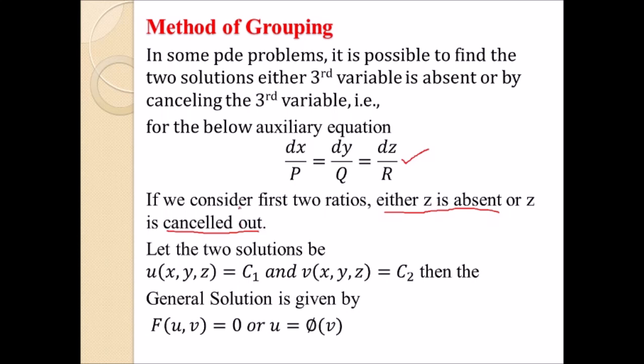Similarly, we can consider first and third, where the y term gets cancelled or is absent. So overall we require two solutions. Then the general solution is given by f of u comma v equal to 0, or u equal to some function of v.